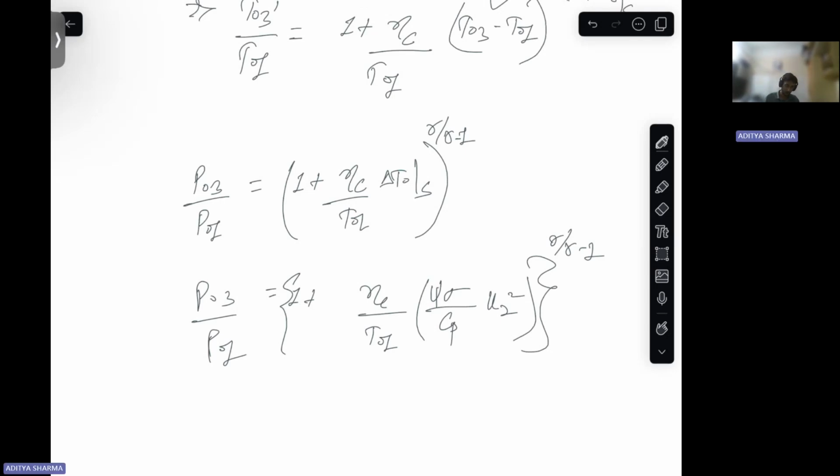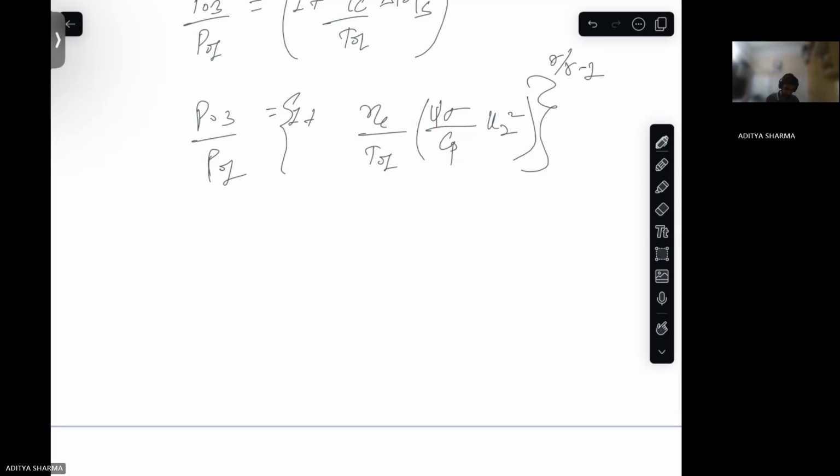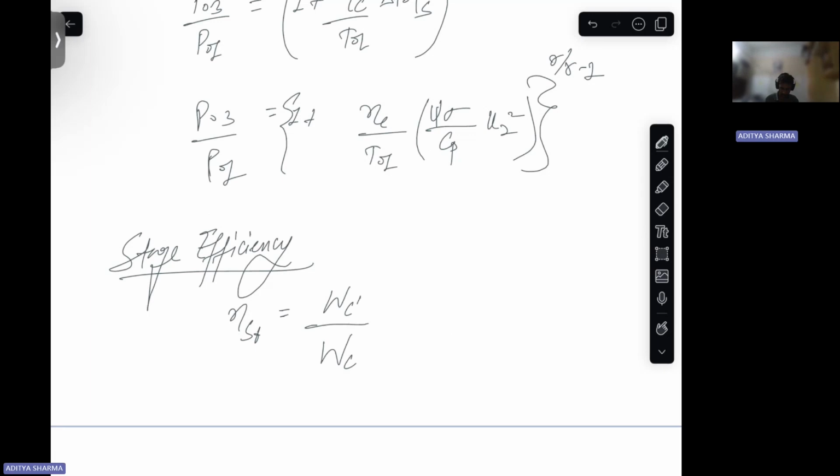Okay. Then what is stage efficiency? Stage efficiency is ideally that work that would have been done on the compressor isentropically, and then in reality what we do. So this is this.